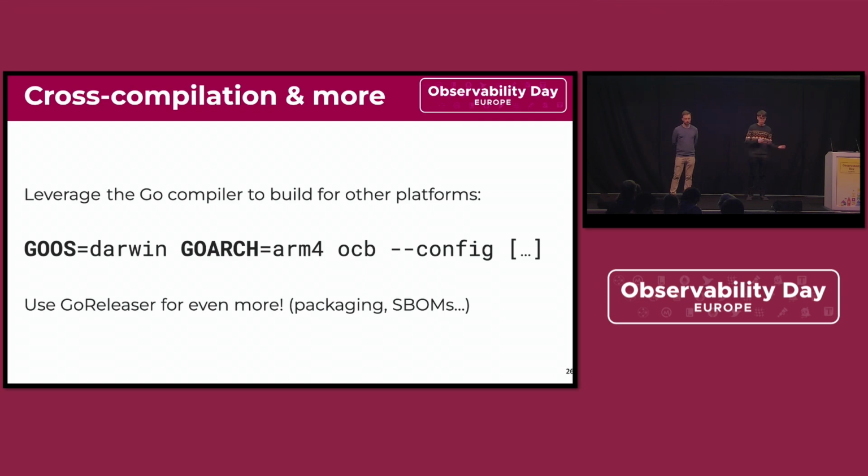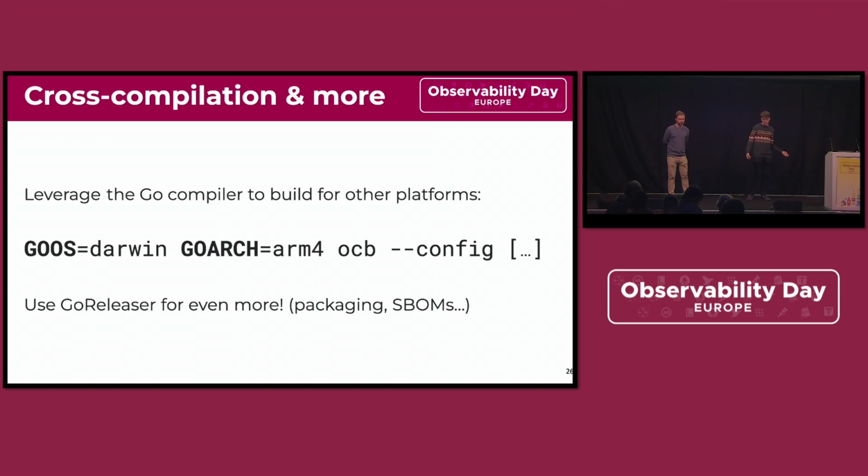You leverage the Go compiler for this. So you could use the GOOS and GOARCH environment variables to build, in this case, for macOS on ARM. We support a wide range of platforms, so you can do Linux, Windows, macOS. We've even had people come and say, I want Plan 9 support or BSD. So yeah, if you're adventurous, you could do that.